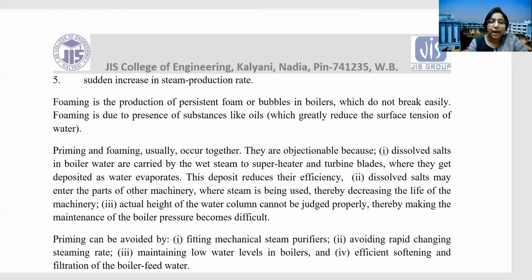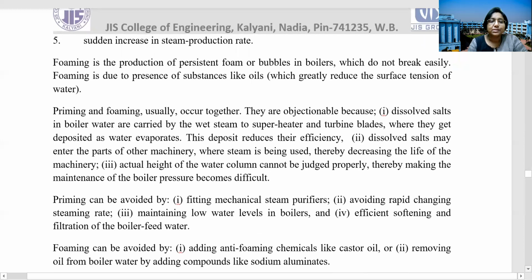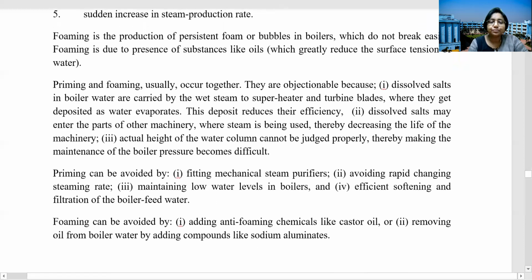Priming can be avoided by fitting mechanical steam purifiers, avoiding rapidly changing steaming rates, and maintaining low water levels in the boiler. Basically, we have to remove the cause for which priming is taking place.